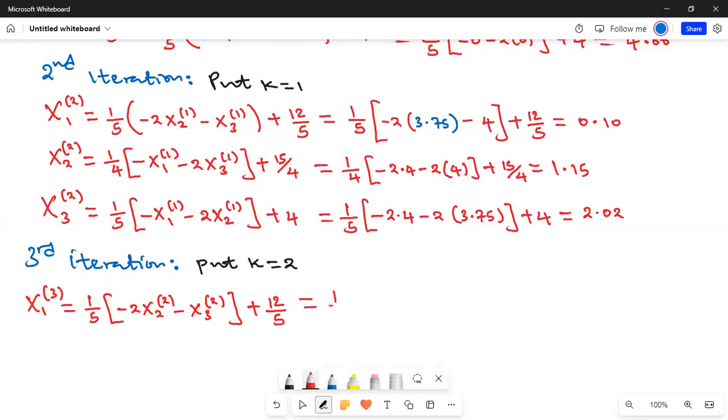So that is 1 over 5 negative 2 times 1.15 minus 2.02 plus 12 over 5. Press, you get 1.536.